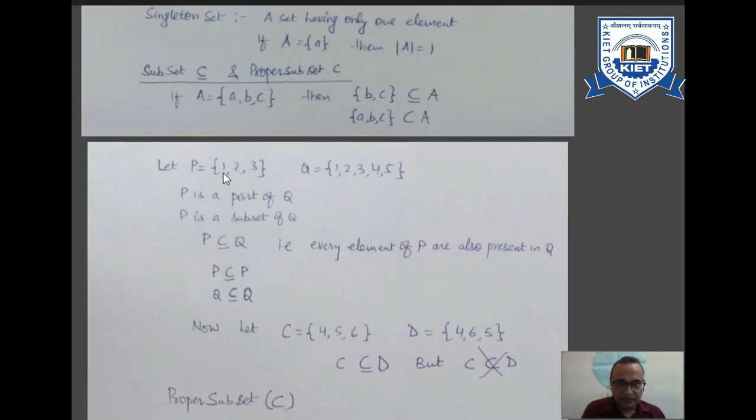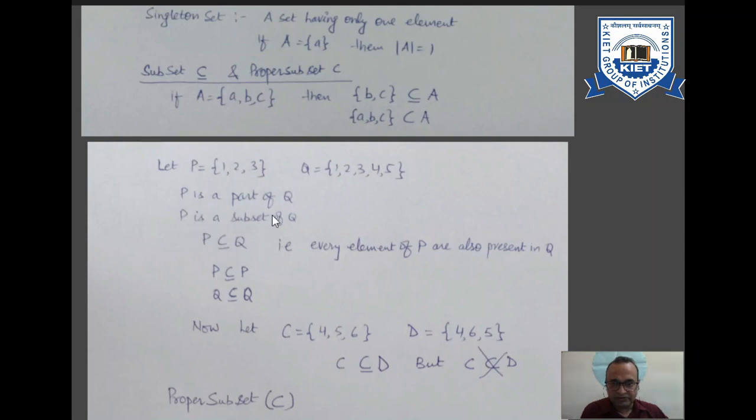Say for example, we have a set P having elements 1, 2, 3, and another set capital Q having elements 1, 2, 3, 4, 5. Then P is a part of Q. Yes, 1, 2, 3 are here, and here 1, 2, 3, 4, 5 is there.